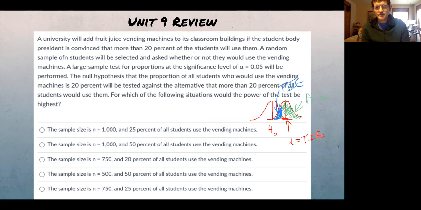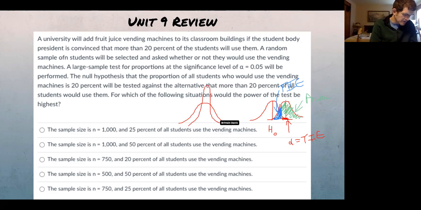Okay. So knowing that, there are 3 ways of increasing the power of your test, and that's what this question is all about. If we raise the sample size, these distributions, like we are hopefully well aware of by now, would go from a distribution like that to something more like this. And there's less overlap at that point.